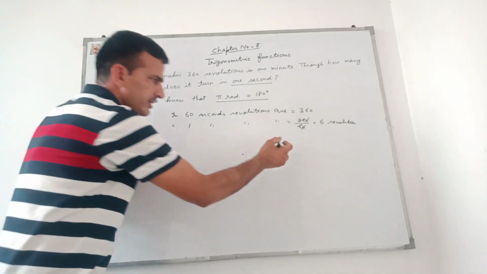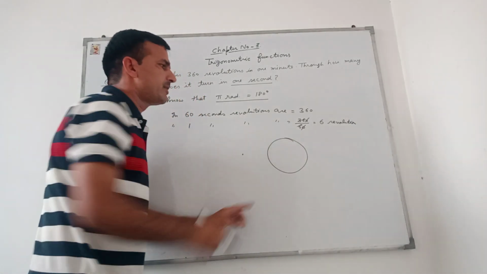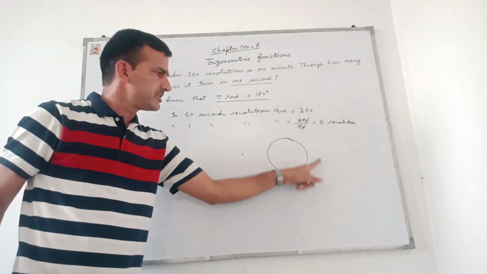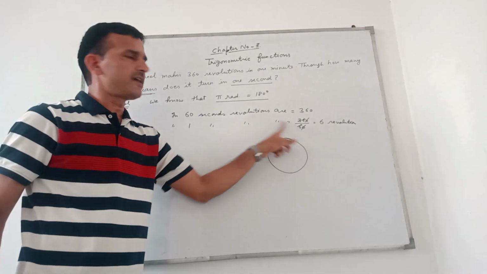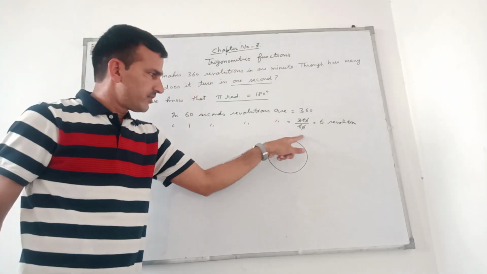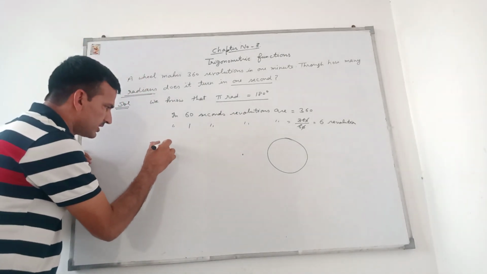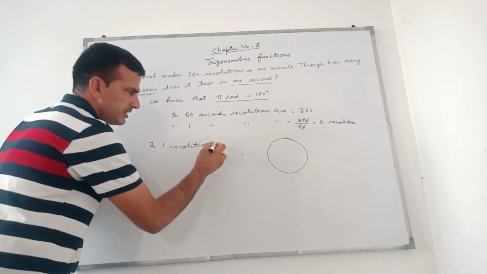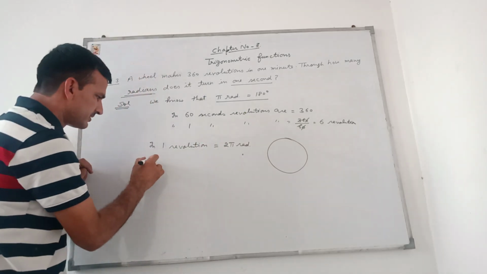And we know that in one revolution, the complete angle is 2 pi radian.